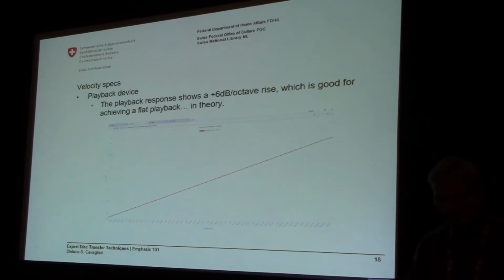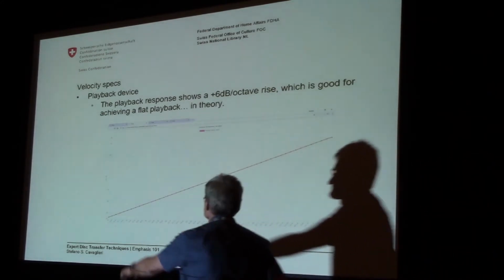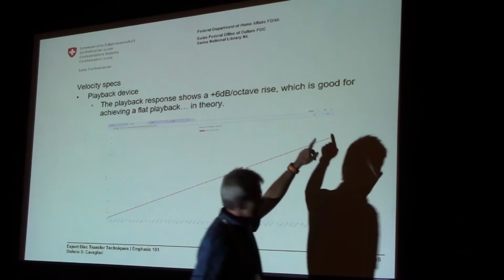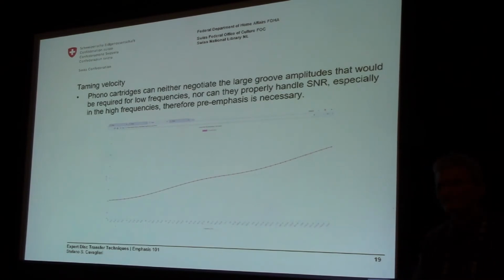Now, the point is that the distance between these two points, this here and that on the top, is around 60 dB, which would completely take away all possibilities to have a kind of headroom for dynamics.